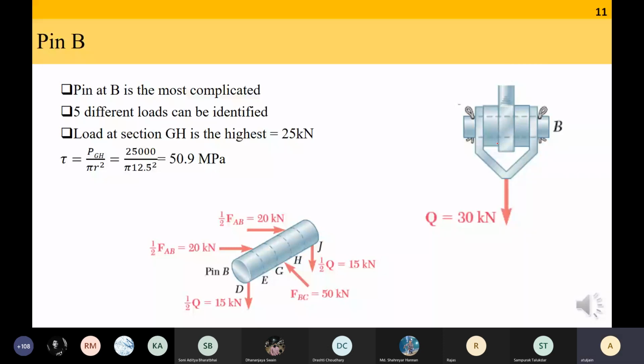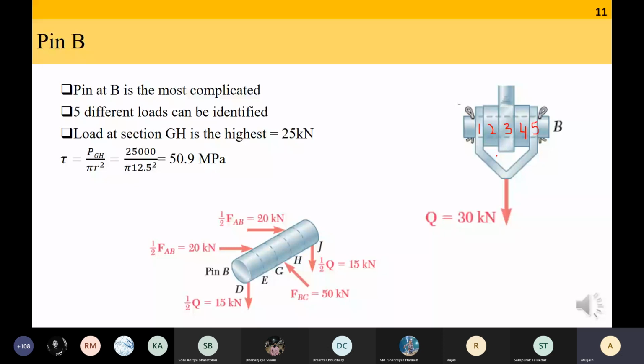In portions 1 and 5 of the pin, the load 30 kilonewton is applied equally in both of them. So 15, 15. In 2 and 4, the force FAB is equally distributed. And in 3, the FBC is applied to the pin. So this pin is actually connecting three members, and out of those three members, the hook has two arms. The member AB also has two arms.